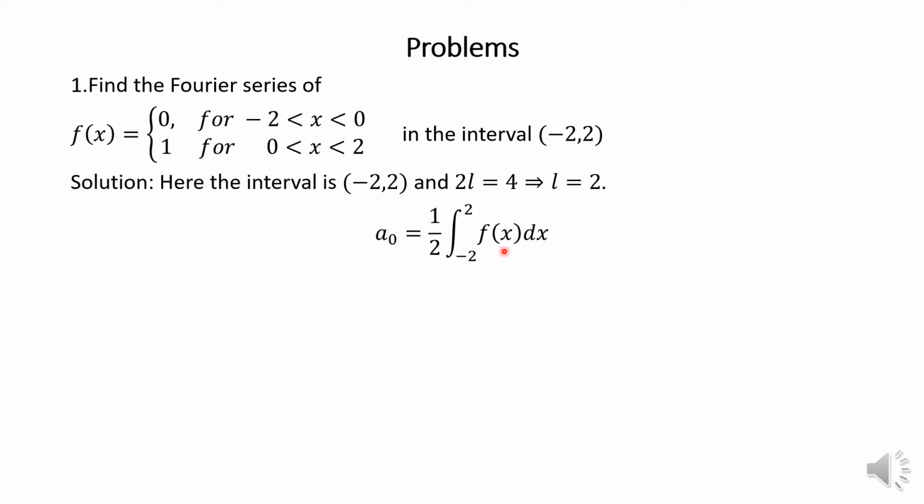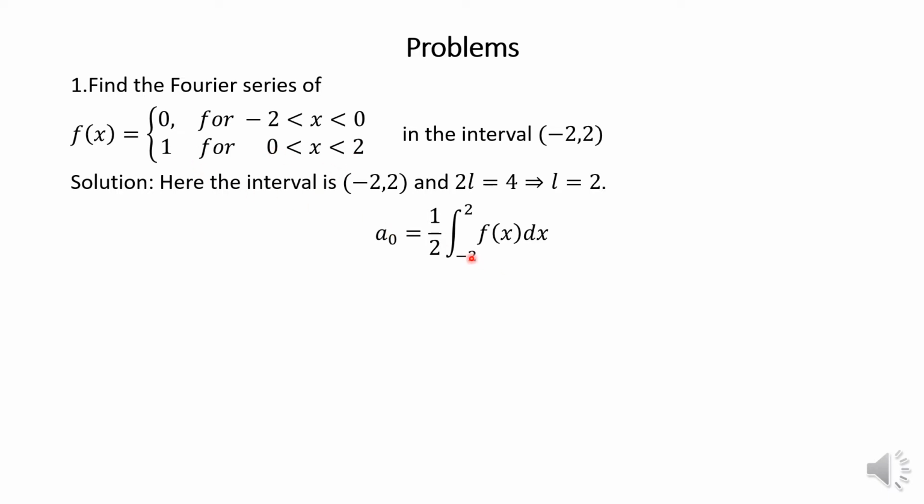Now, in order to evaluate this integral, use the property of definite integrals. You split the integral from minus 2 to 0 and 0 to 2 according to the function defined. The function defined in the interval minus 2 to 0 is 0 and the function defined in 0 to 2 is 1.